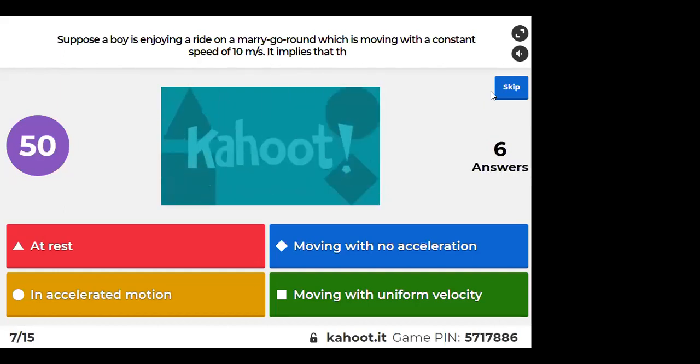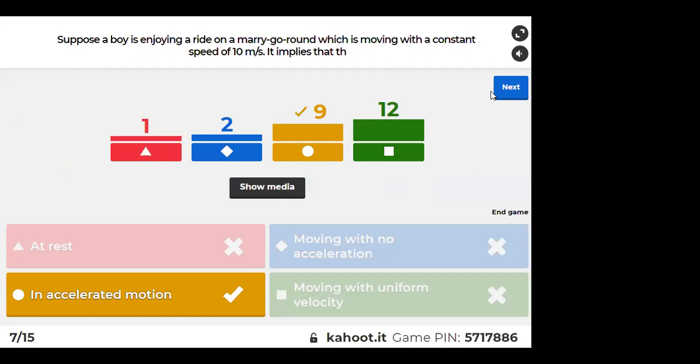Again, think about it. This question, think about it. Okay?